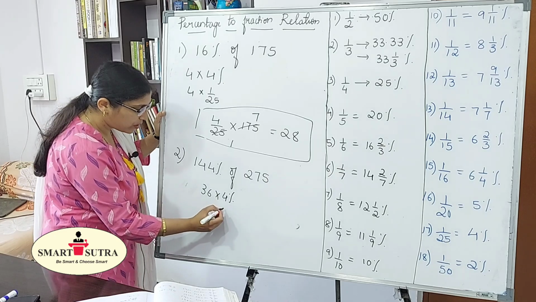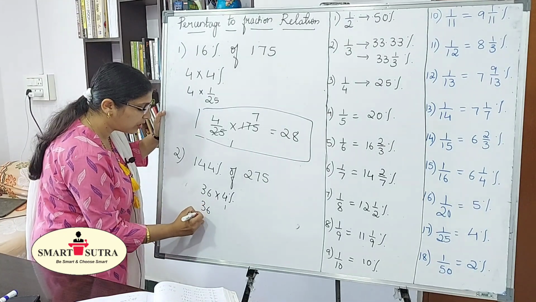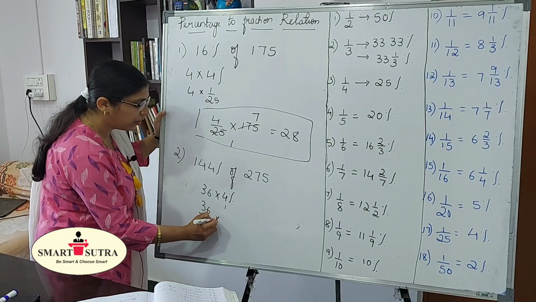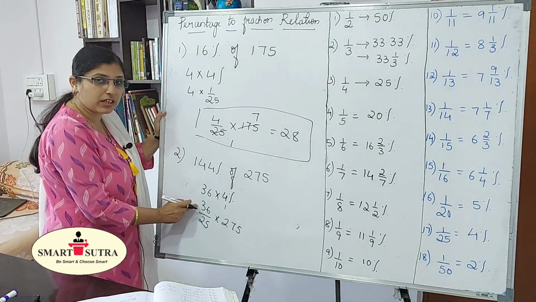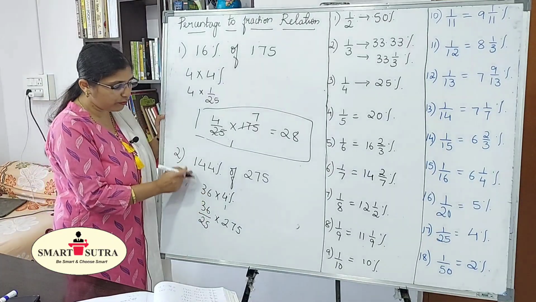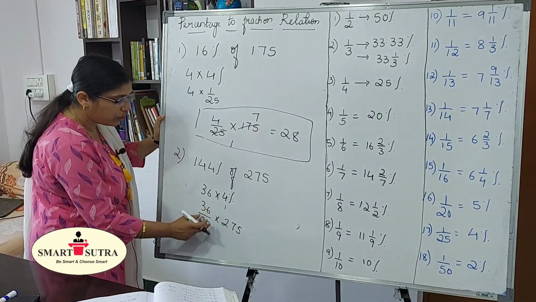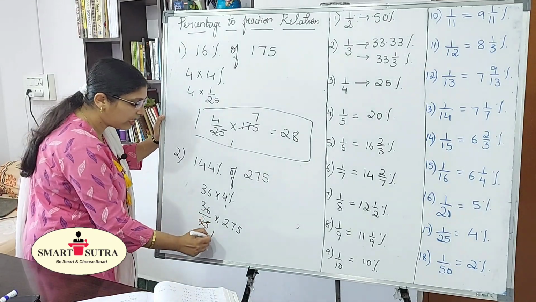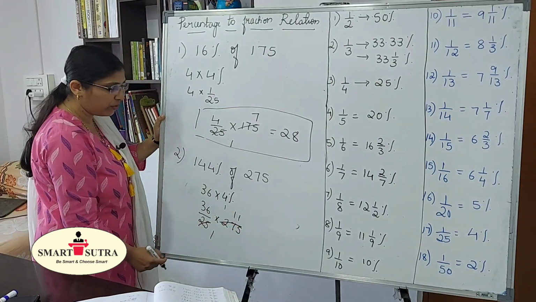So we know 4% means 1 by 25. 1 by 25 multiplied with 36 means 36 by 25 into 275. 144% is nothing but 36 by 25 in fraction form. How did we get that? With 4%. So directly if you substitute 36 by 25, 25 elevens are 275.